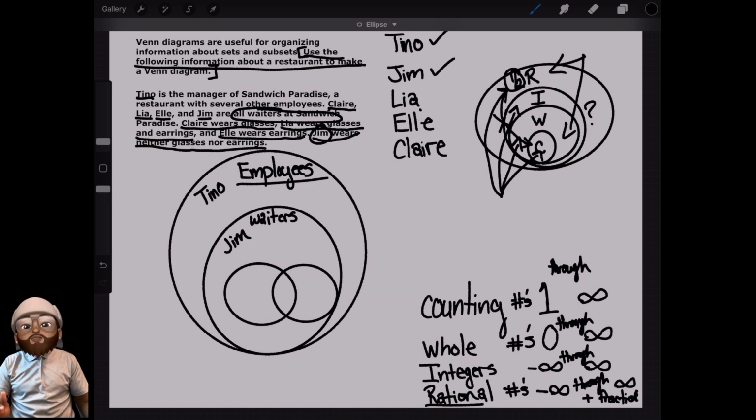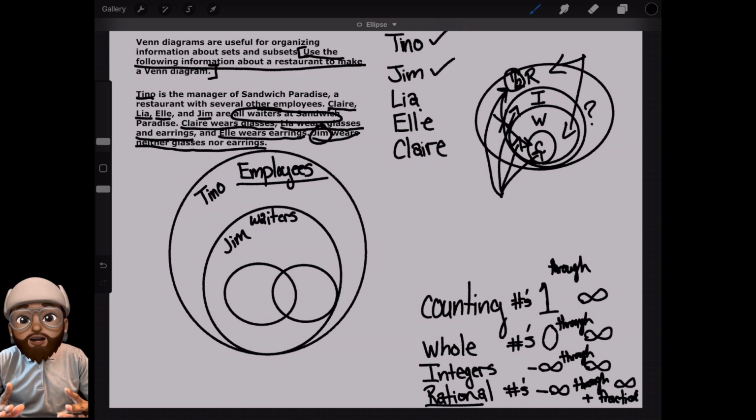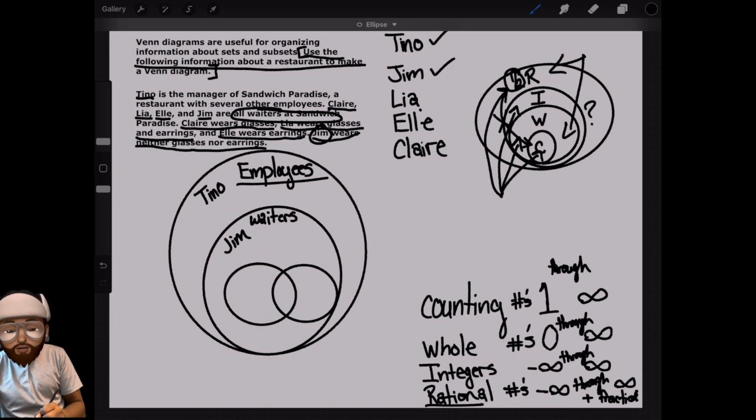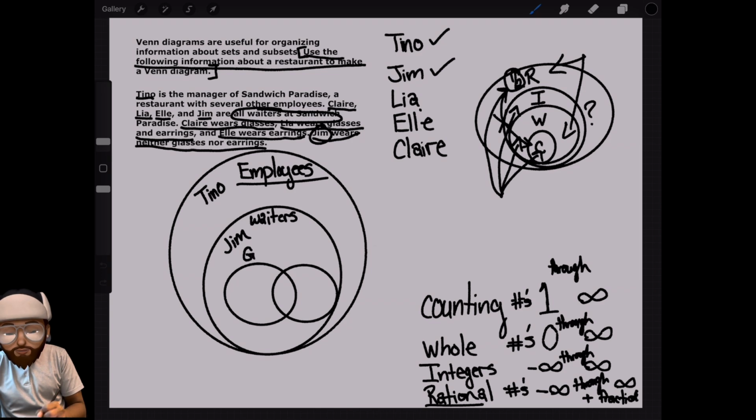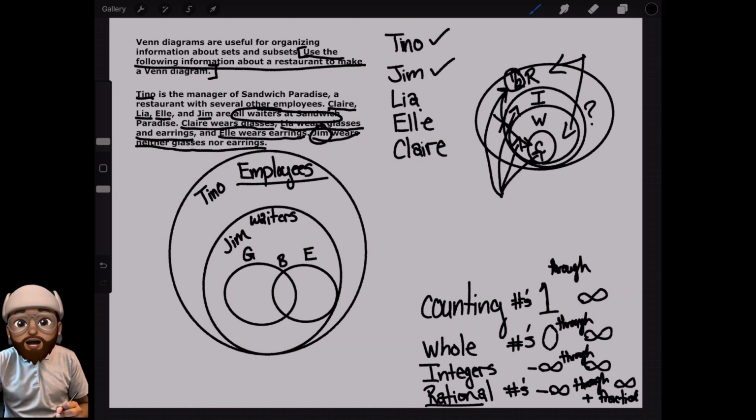All right, so now that we have our two circles and we have the overlapping area in the center, we can go ahead and assign one circle to glasses and we can assign the other circle to earrings and assign the middle area as shared area or both. So I'm going to put a G on this circle to represent glasses. I'm going to put an E on this circle to represent earrings. And I'm going to put a B right here to represent both right in the middle.